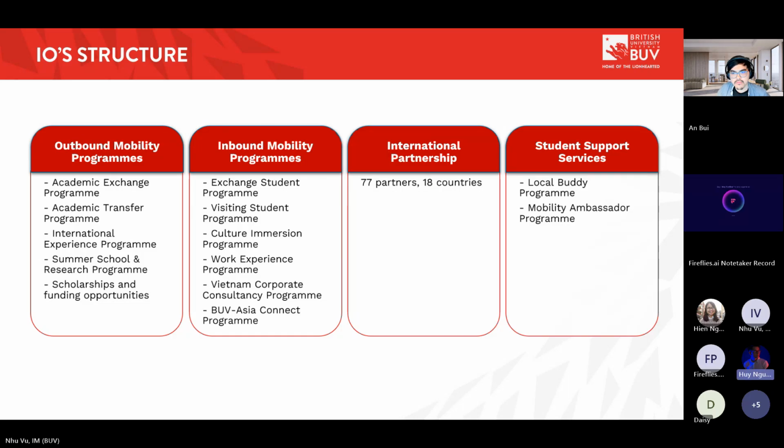One is the tailor-made program, where we receive a request from international partners to organize a program for their students. The second type is our summer program, which we organize and promote for every UK university partner of BUV, and we will have students from different UK universities join the programs.